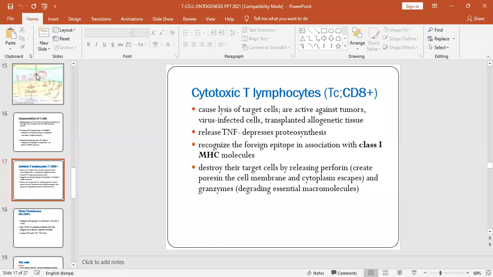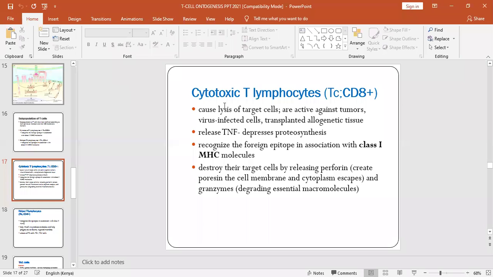So that's why sometimes when you have chronic infection, the CD8 cells can also release the tumor necrosis factor. Excuse me, Doctor, you're breaking.